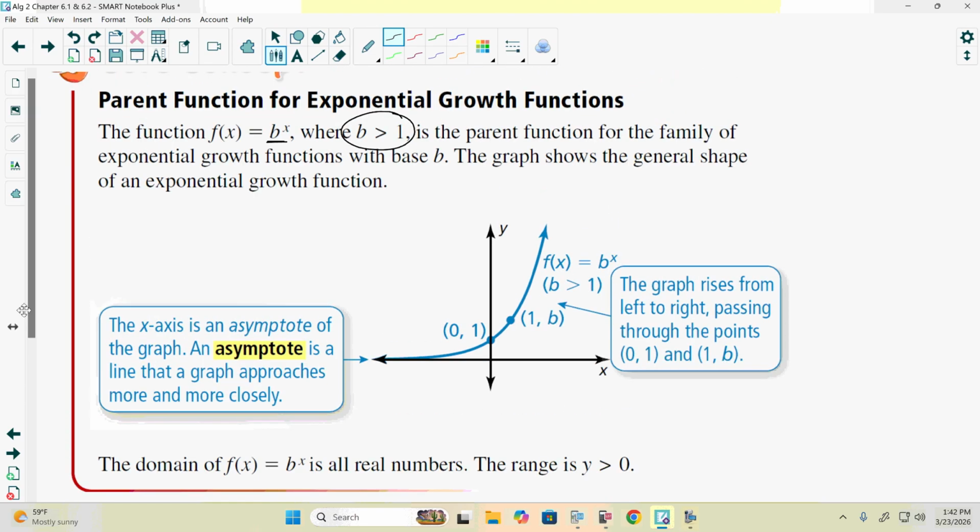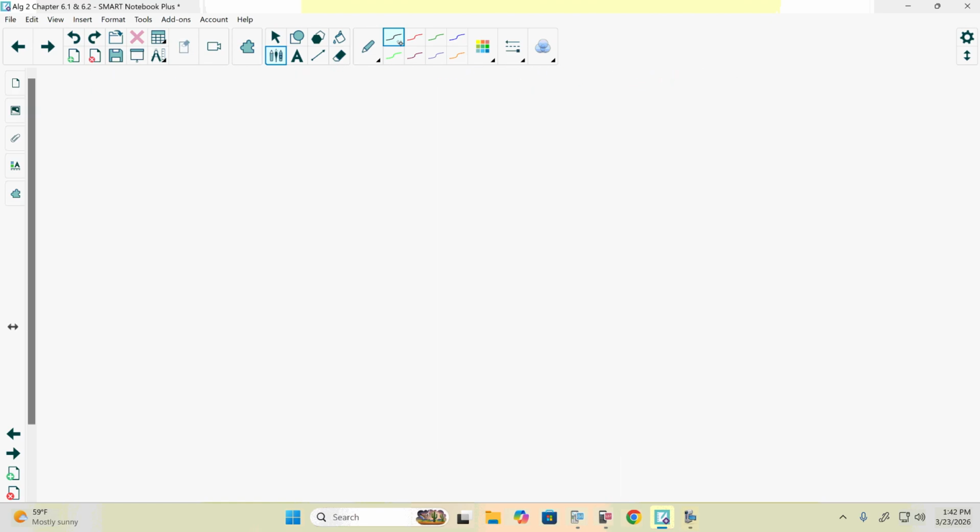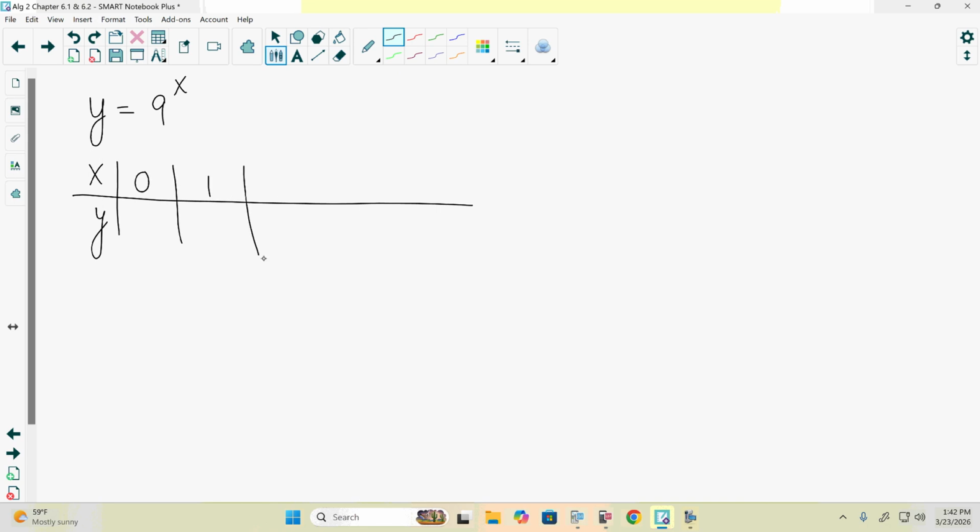And part of the reason we consider these exponential, you don't have to write this part down. If we looked at, say, y equals 9 to the x power, we can look and see what happens. If I make a table of x, y values, we're going to go 0, 1, 2, 3, 4, and we put this to the power. 9 to the 0 power is 1.